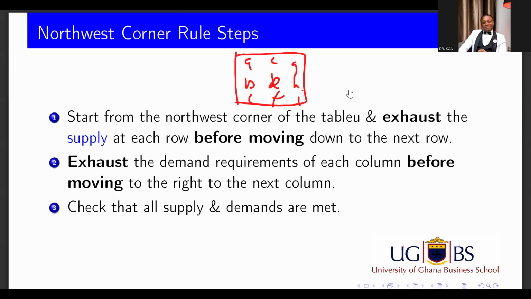J. Hey, who said J? Jerry said J. Northwest corner is A, it's not J. Northwest corner is the top leftmost part of the table.